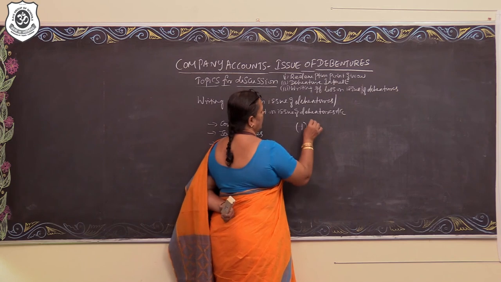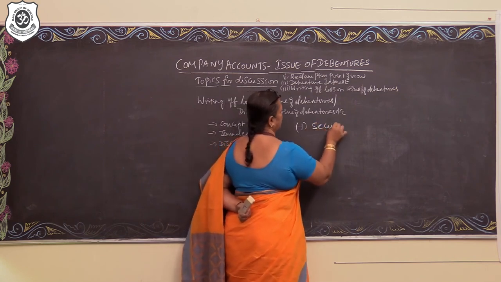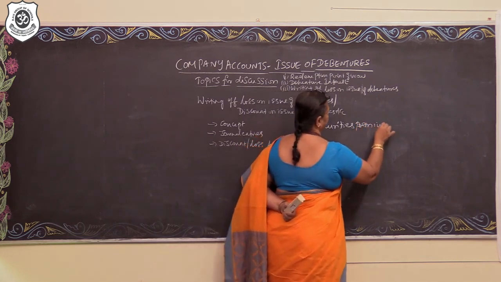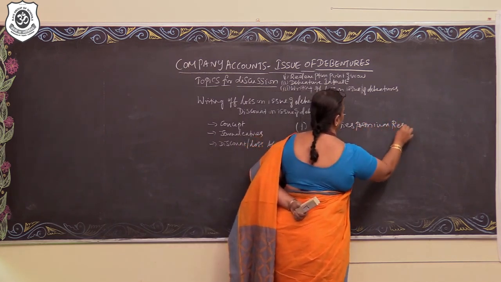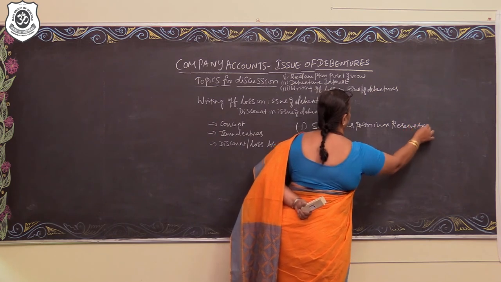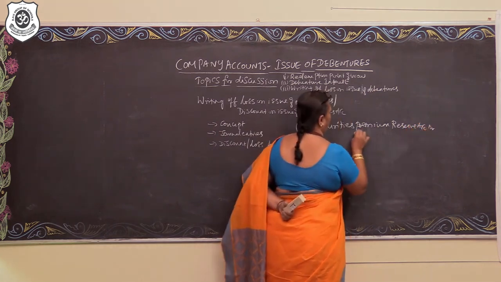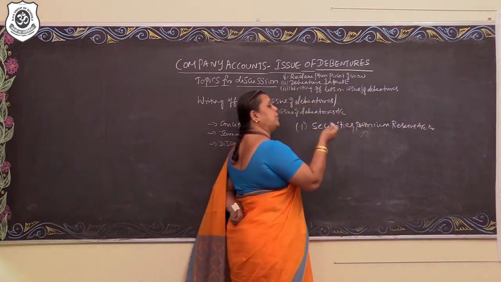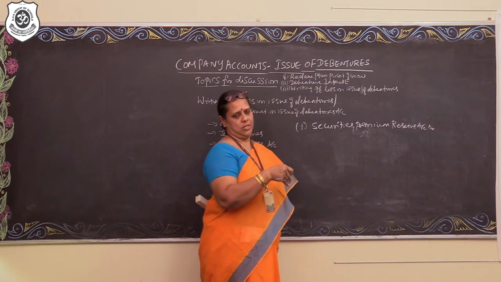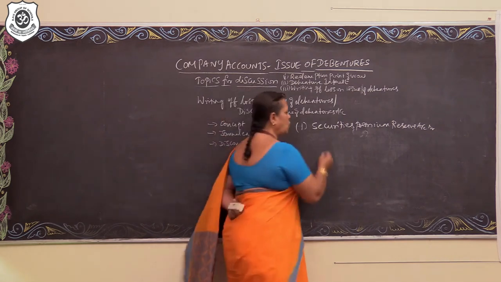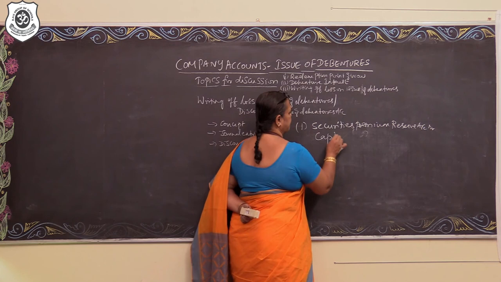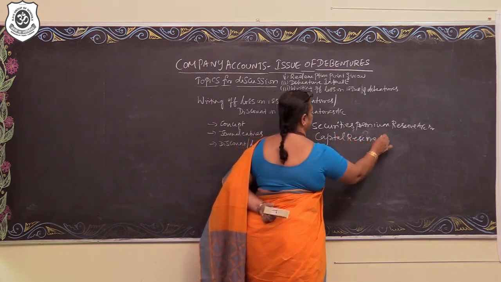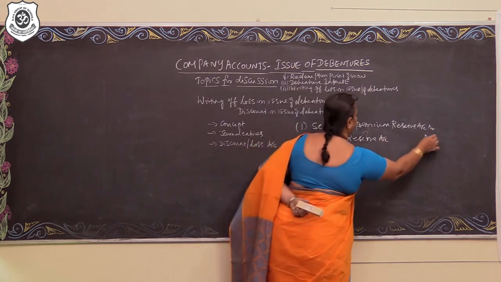So, we are going to pass it as securities premium reserve account debit. Actually speaking, if the amount available in securities premium reserve is not sufficient, then we will make use of capital reserve account debit.